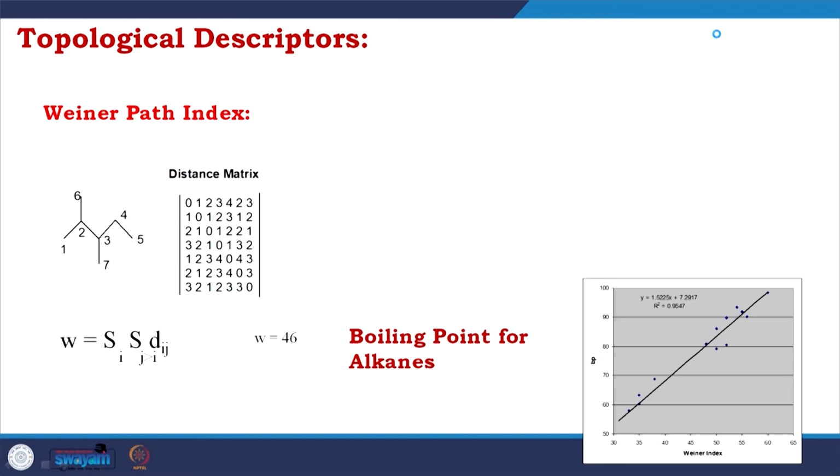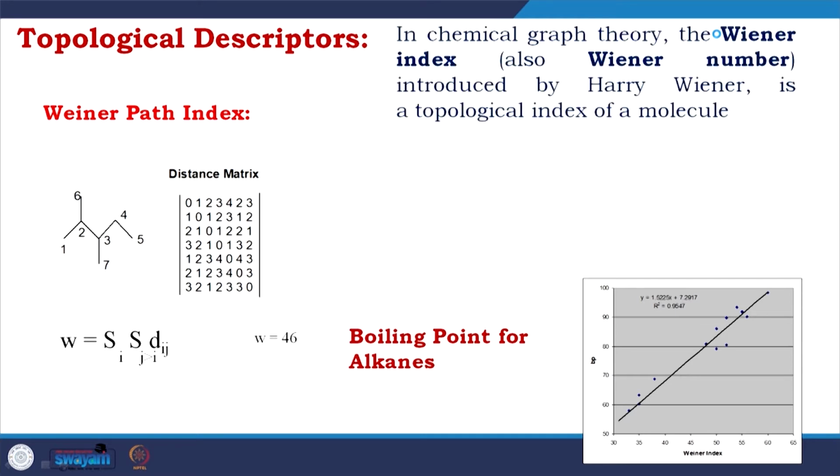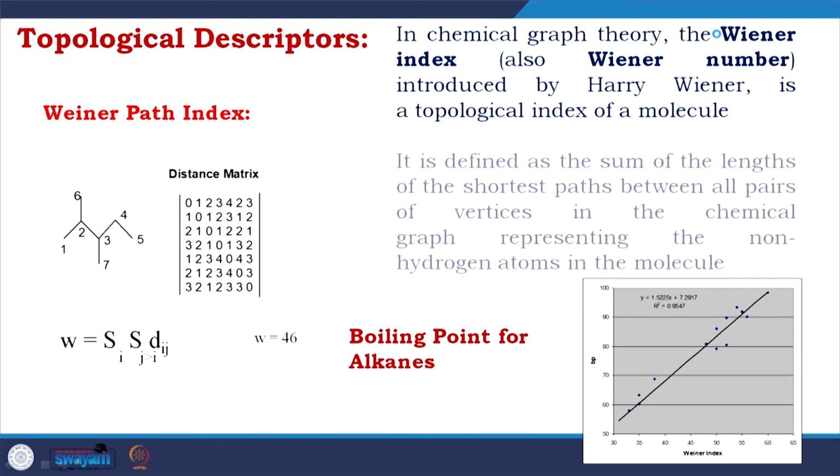Topological descriptors are defined by the Wiener path index. What is the Wiener path index? In chemical graph theory, the Wiener index, also called the Wiener number, introduced by Harry Wiener, is a topological index of a molecule. It is defined as the sum of the lengths of the shortest paths between all pairs of vertices in the chemical graph, representing the non-hydrogen atoms in the molecule.